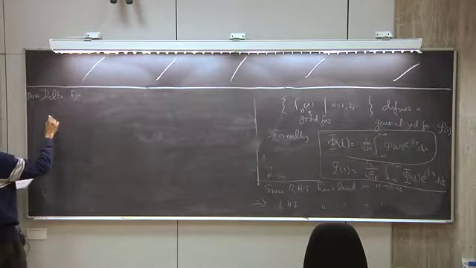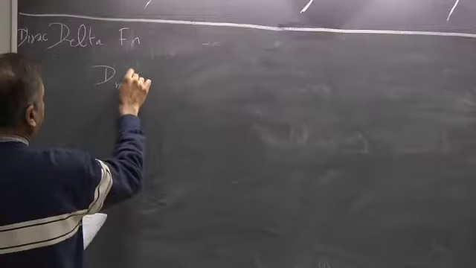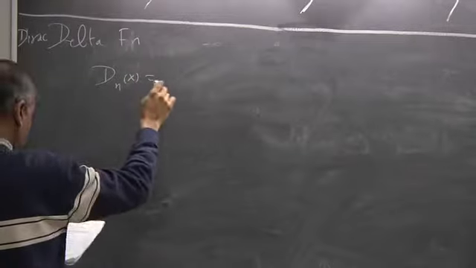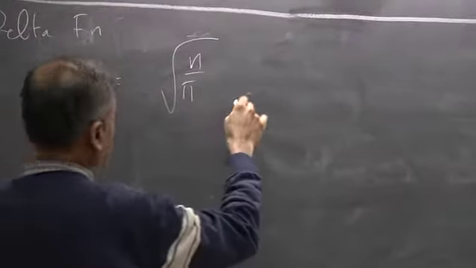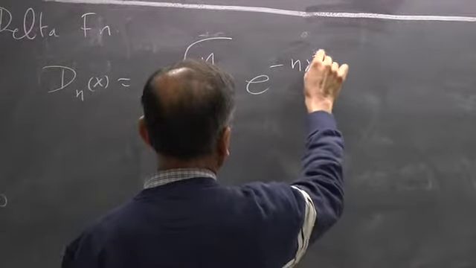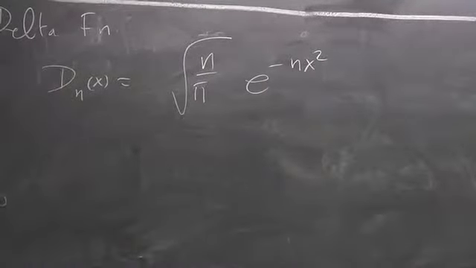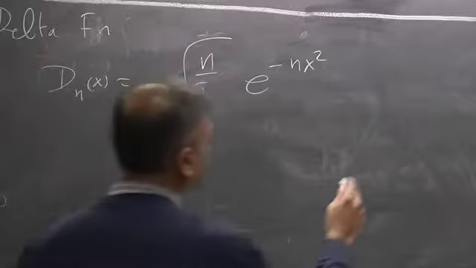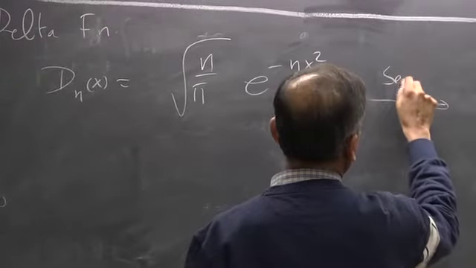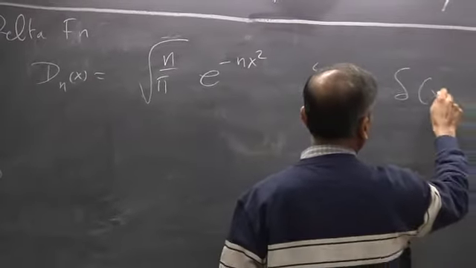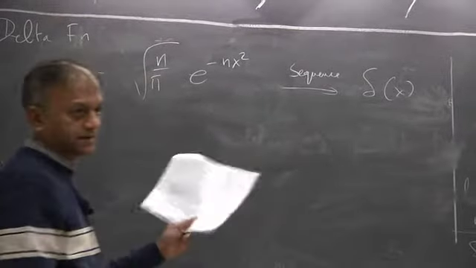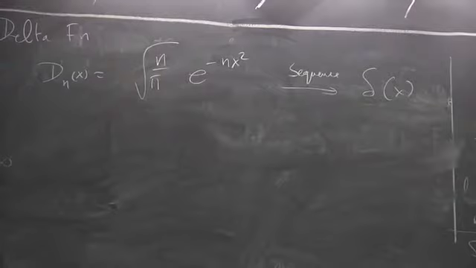Okay. So for that, we considered a sequence dn(x), which was just a Gaussian, root n over pi e^(-n x squared). This was the sequence we considered, and this sequence defines the generalized function delta(x). That is how we said.